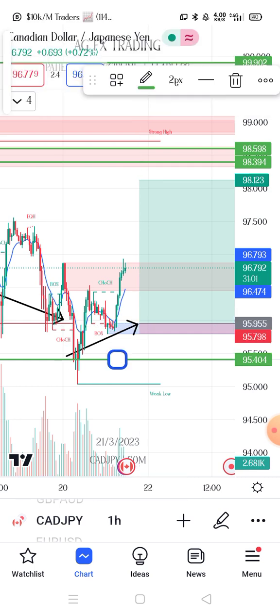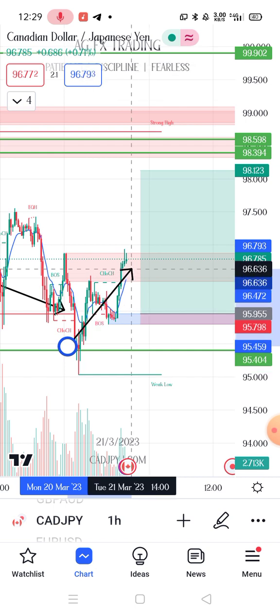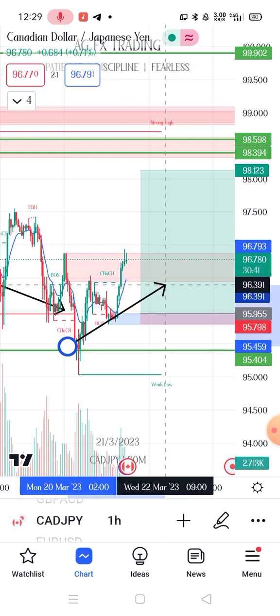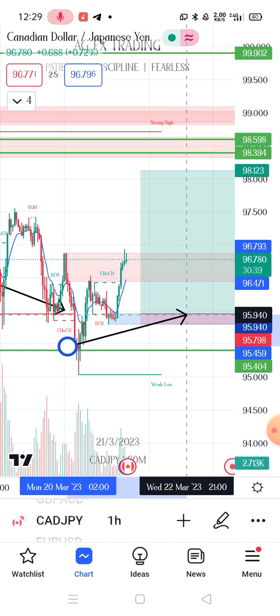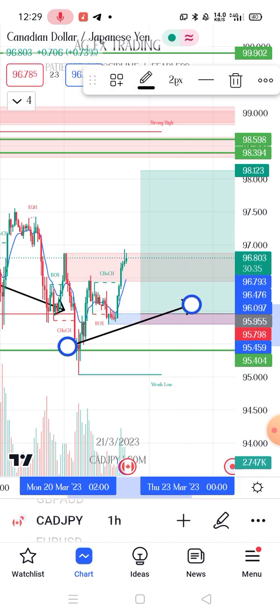Between the super big green rectangle block and this little red rectangle block, that is where I want my trade to begin. So if this green candle moves and moves and it comes down, it hits this place here, then my trade will start running.